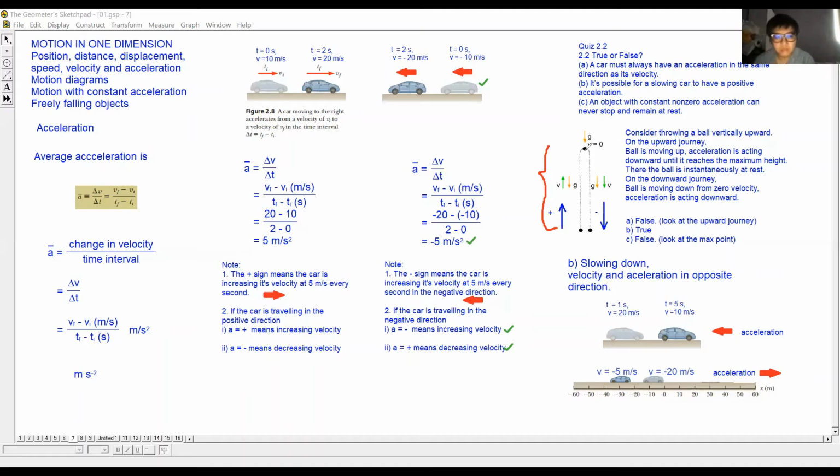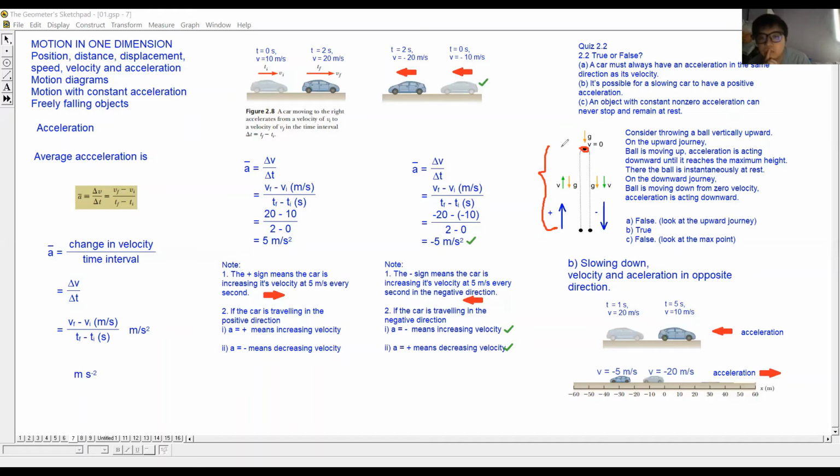After stopping, the ball starts to drop down. At the very top here, the velocity is 0, but only for a very short moment. So we call it instantaneously at rest, or instantaneously 0.